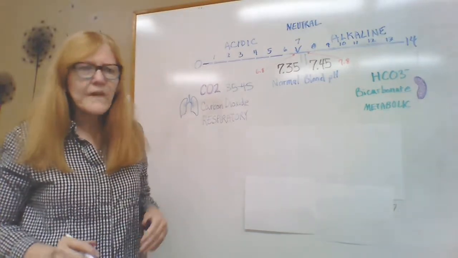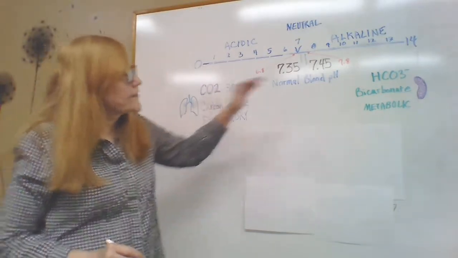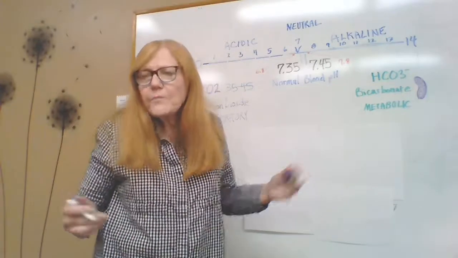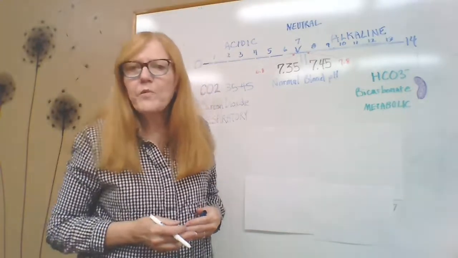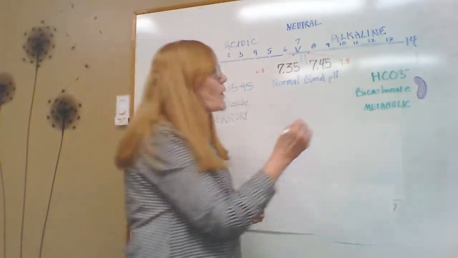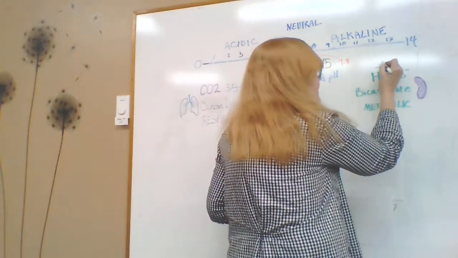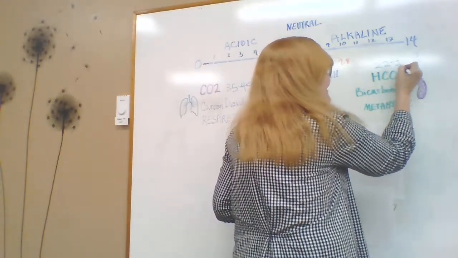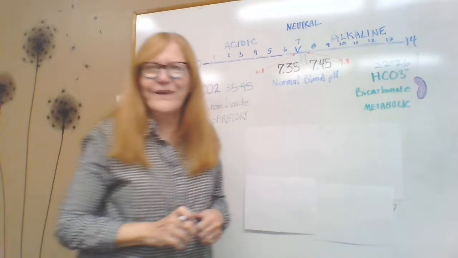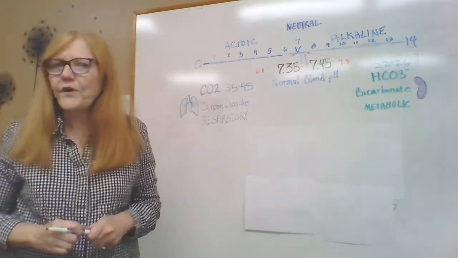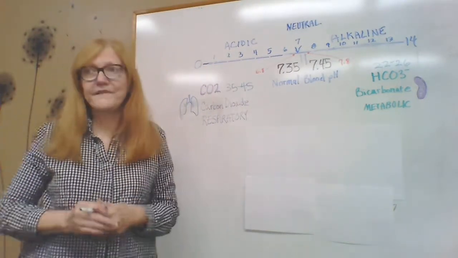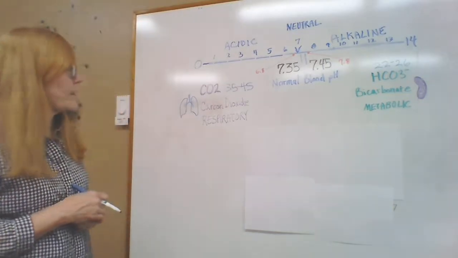And then we look over at the bicarb side, and if you can think of a way to remember those numbers better, let me know, but I just remember they're 22 to 26. Thank you for memorizing the numbers. That's great because you need to know these, and you'll need to know them for your state board exam too. So make sure you know those.